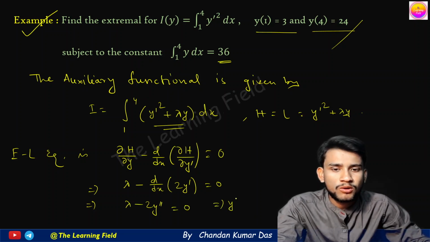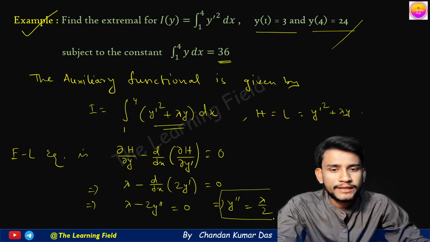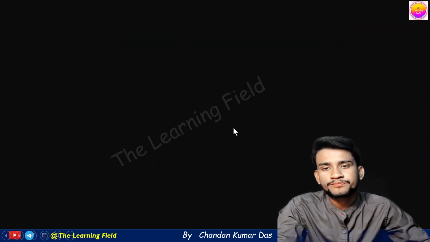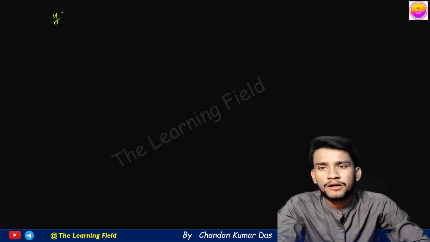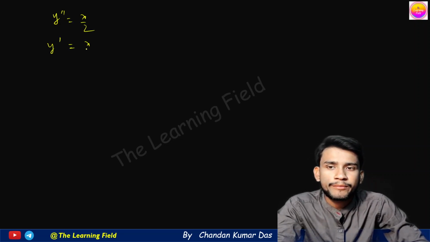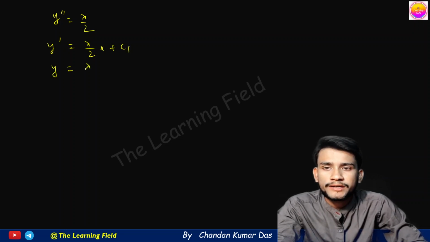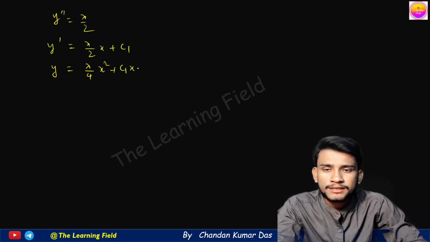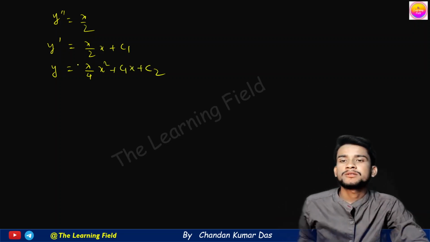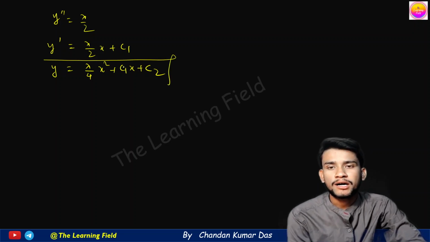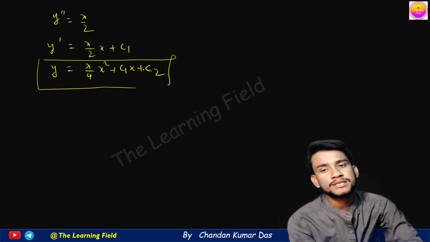This implies y double dash is equal to lambda by 2. So y dash is equal to lambda by 2 into x plus c1, and y is equal to lambda by 4 x square plus c1 x plus c2. So this is the value of y including the constants c1 and c2.